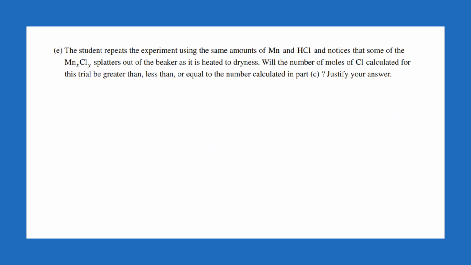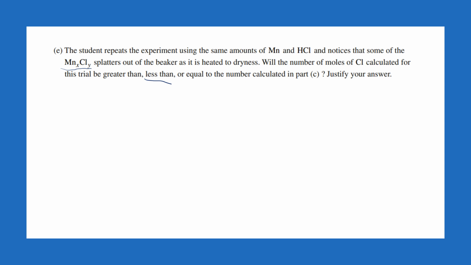Okay, so the student repeats the experiment using the same amounts, notices that some of the product splatters out of the beaker as it's heated. Will the number of moles of chlorine calculated be greater than, less than, or equal to the number calculated in part C? It should be less than.